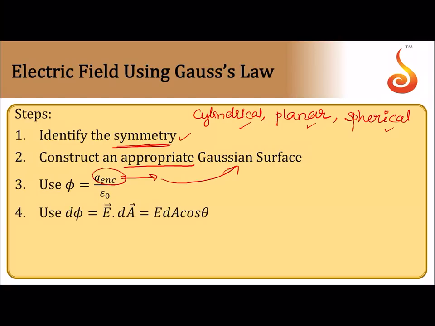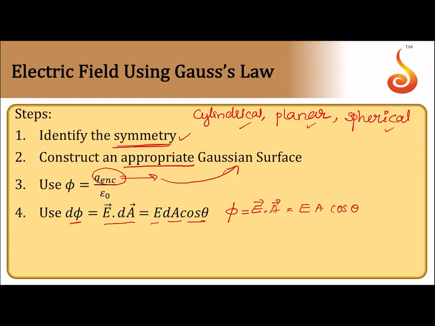Step number 4 is to find out the flux using this expression. d phi is equal to E dot dA, that is E into dA into cos theta. Many a times this is also written in this form. Flux is equal to E dot A, which is E A cos theta.